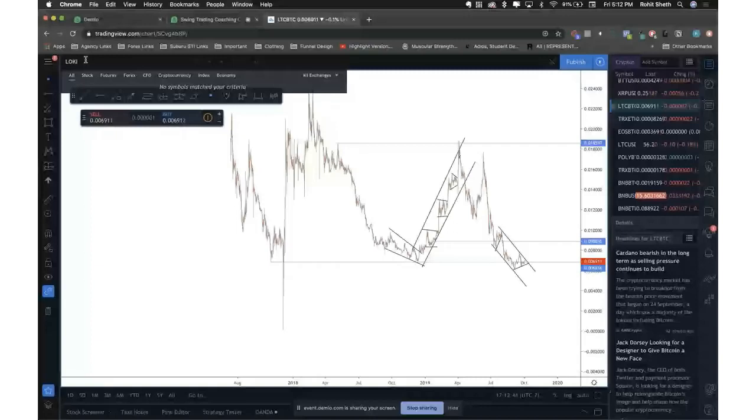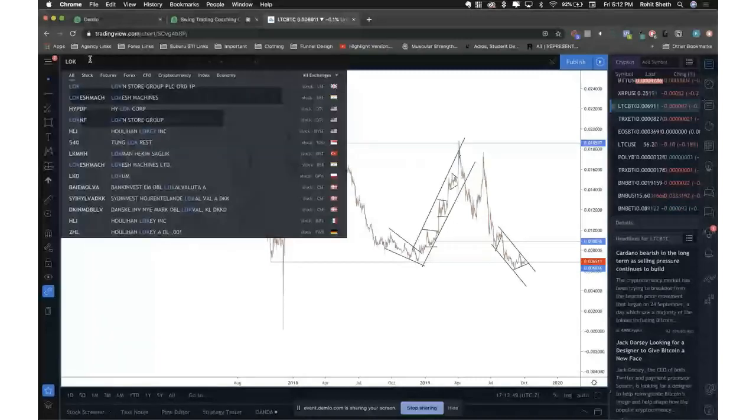A lot of the times you'll notice that Iman will be looking at, what's the ticker on that one, Sanjay?